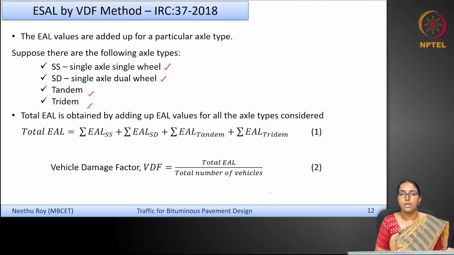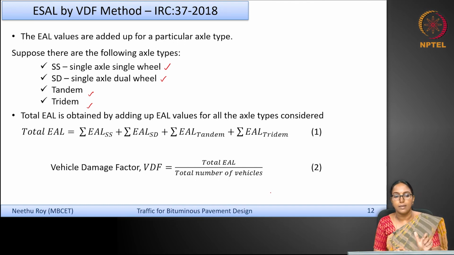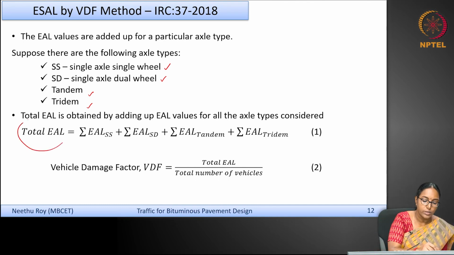Similarly, you have found the equivalent axle loads for all the single axle dual wheels in that vehicle group. Similarly for the tandem axle and the tridem axle, and all these equivalent axle load values can be added together to get the total EAL value.